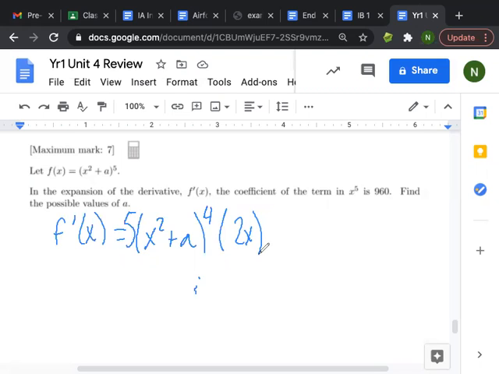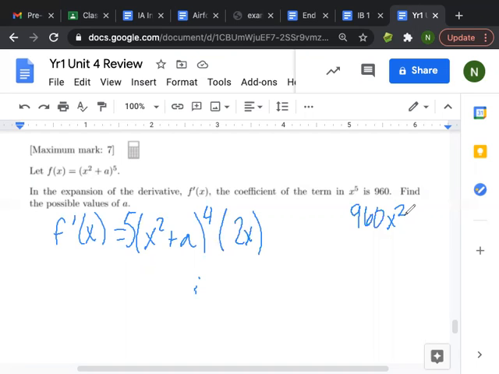They tell me that the coefficient of the term x to the 5th is 960. So it would be like 960 x to the 5th. They want me to find the values of n. Now, in this particular problem, because the numbers are bigger, yours will be like cubed and squared, it'll be easier to do by hand.